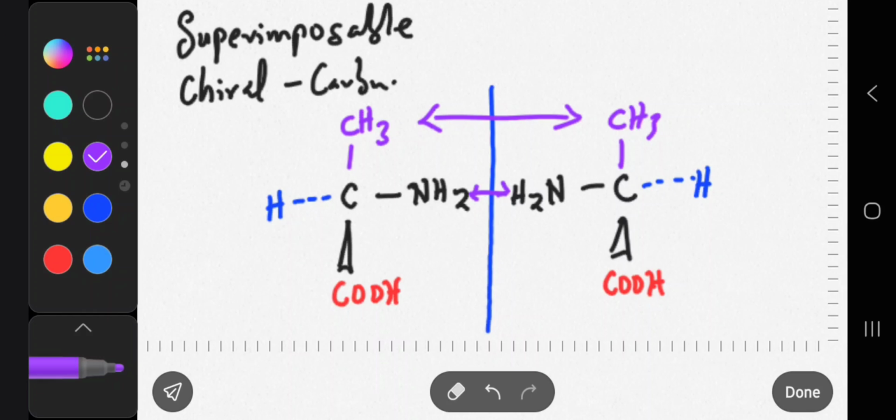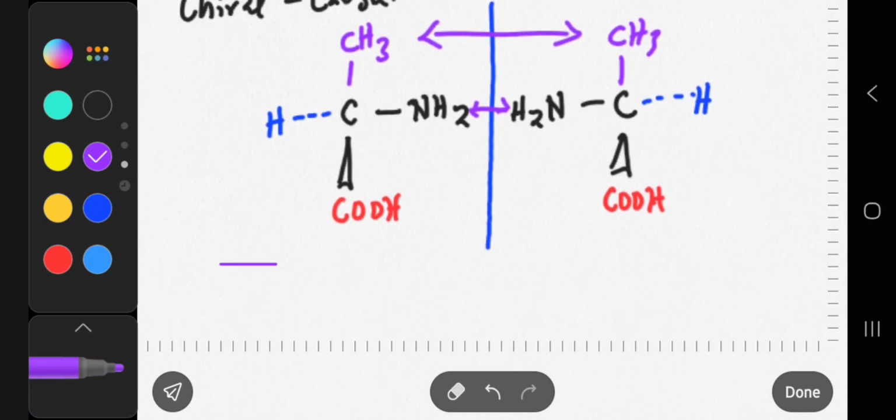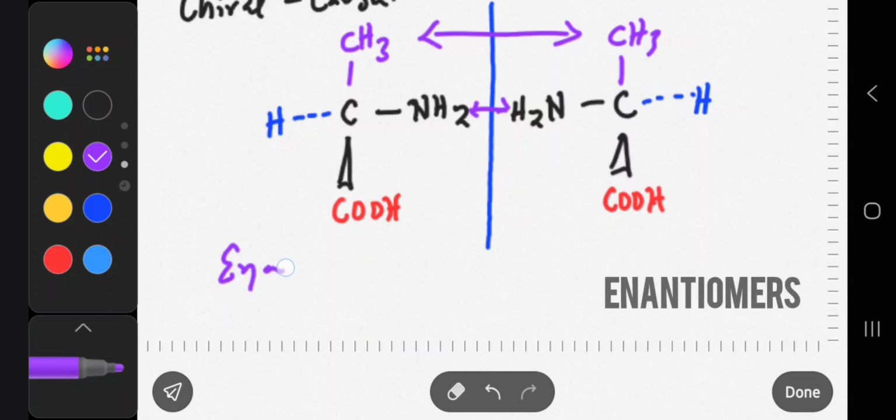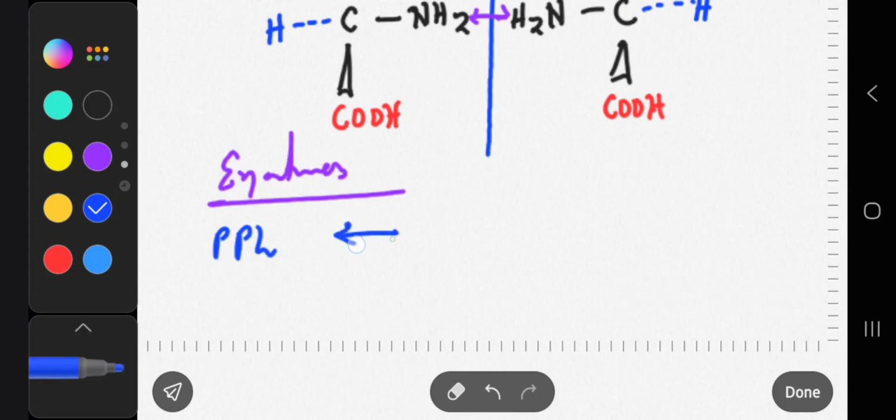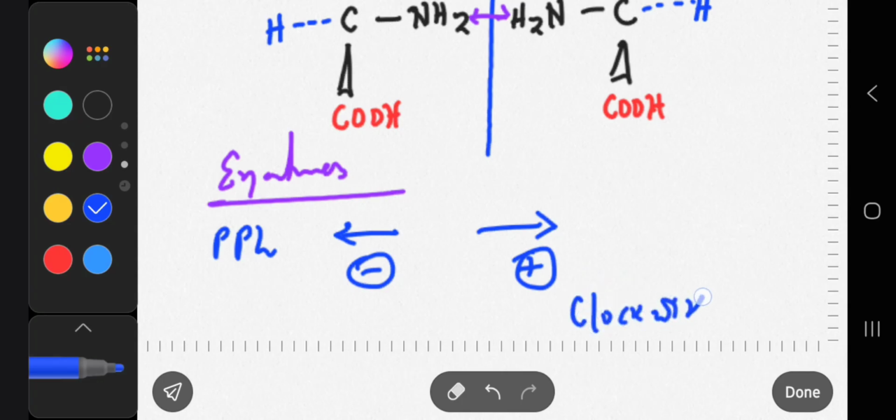And because of this, they are regarded as enantiomers. And they are capable of rotating plane polarized light in different directions, left and right, negative and positive, right? So those which are able to rotate to the positive direction, we say is clockwise. Let me put clockwise here. Clockwise.